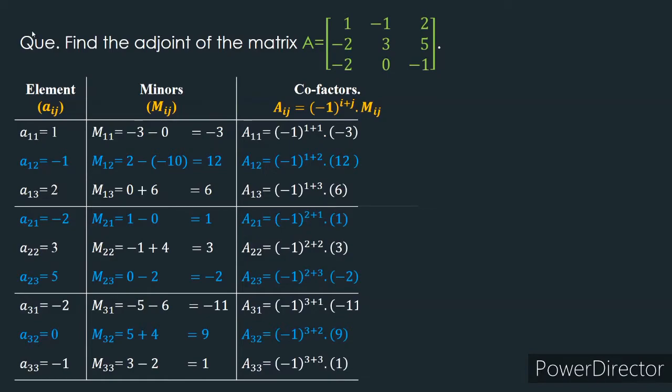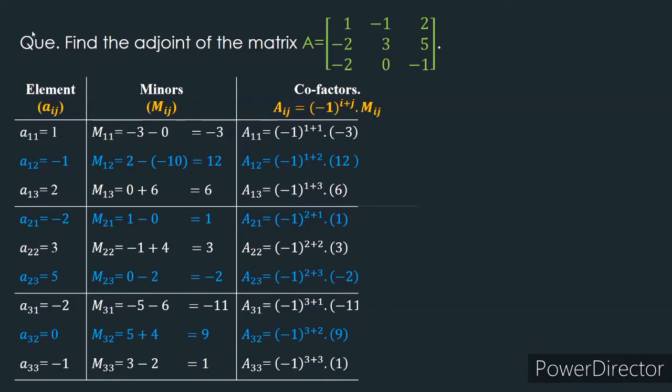Now I'm going to write down their answers. See, one thing you must observe: when the power of minus 1 is even, then the value of the minor remains the same as the cofactor, and when the power of minus 1 is odd, then the value of the minor changes by its sign.